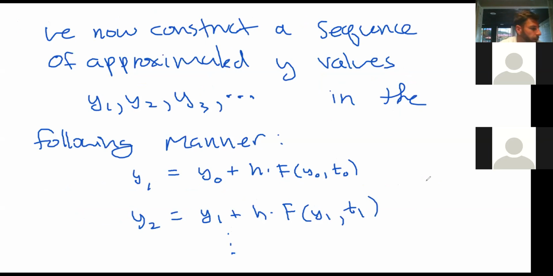And for those of you who don't remember, where are these t's coming from?